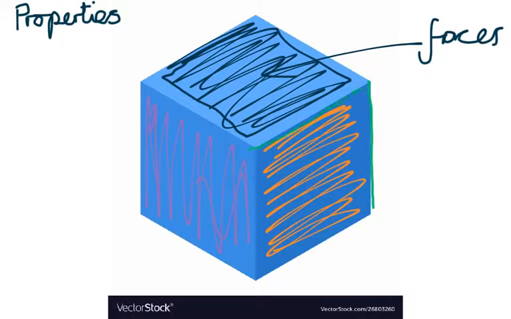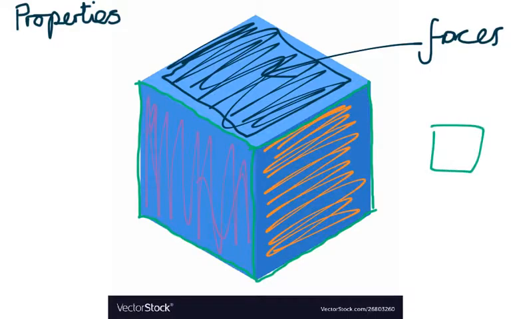We've also got these. On a 2D shape, we might call them the sides. But on a 3D shape, they're called edges. The difference being, on a 2D shape they just go around the outside because it's a flat shape, whereas on a 3D shape, two faces meet.